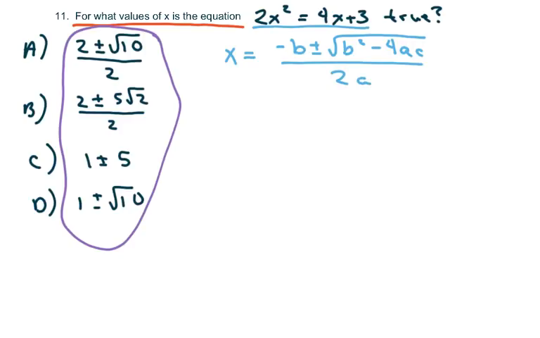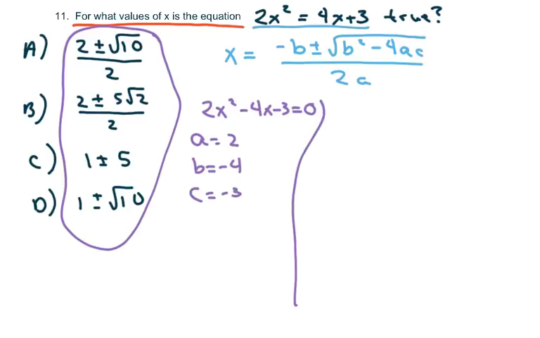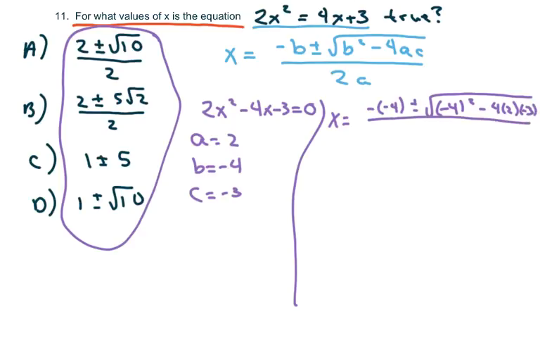So I'm going to rewrite this real quick. This is going to be 2x squared minus 4x minus 3 equals 0, where a is 2, b is -4, and c is -3. And then I'm just going to plug it in. So x equals -b, so minus a -4, plus or minus the square root of -4 squared minus 4 times 2 times -3, over 2a, which is 2 times 2.